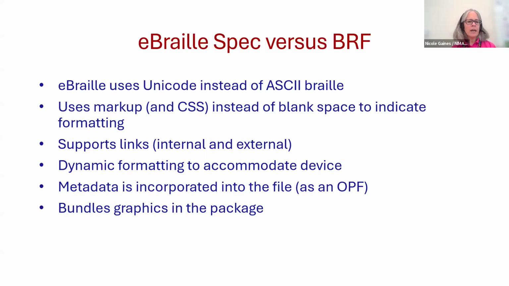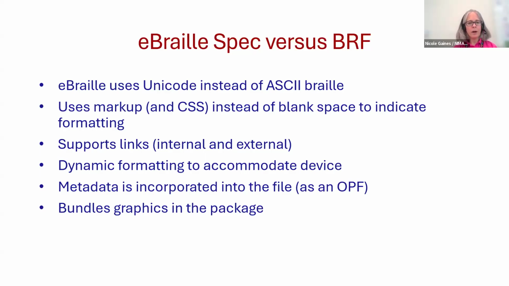Another advantage is that eBraille supports internal and external links. That simply means that if you have an internal link, for example, between a page number and a table of contents to that page, you can actually have that as an active link in the eBraille file to support navigation.